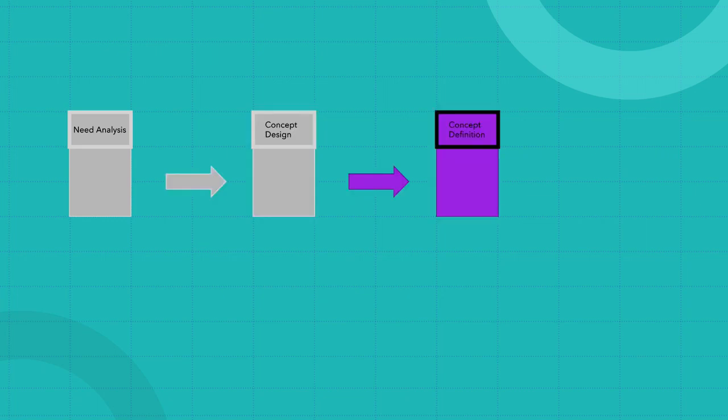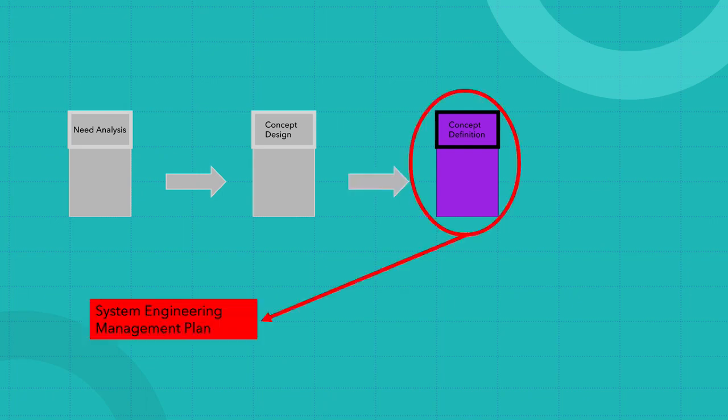After we have the needs discovered and concepts that solve the issues, let's define what the solution will look like exactly. It is in this defining phase that we complete the SEMP. The SEMP will allow us greater control over the system's development.